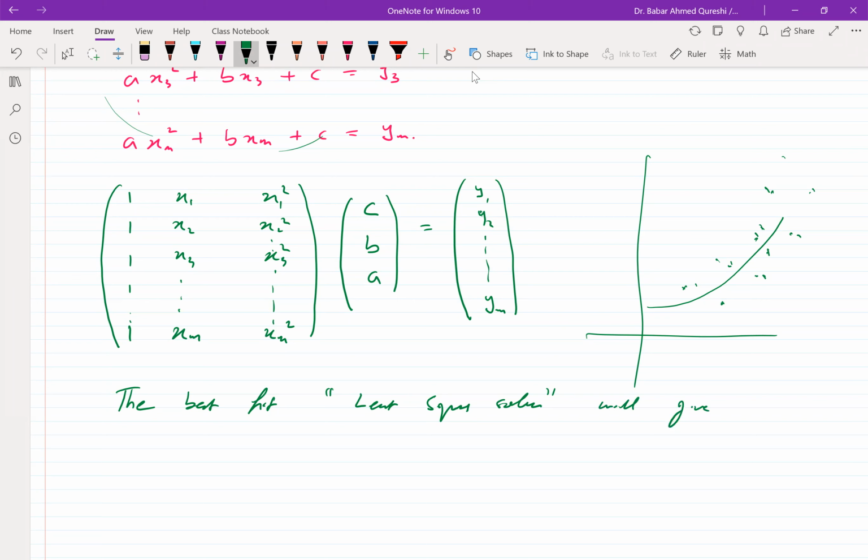That will give me the best values for the model, which are these A, B, C. So I want to find what are the values for A, B, C which give me the model which best describes this data. So that would be the best fit solution, and how to find it, that will be in the next lecture. So I'm going to stop here.